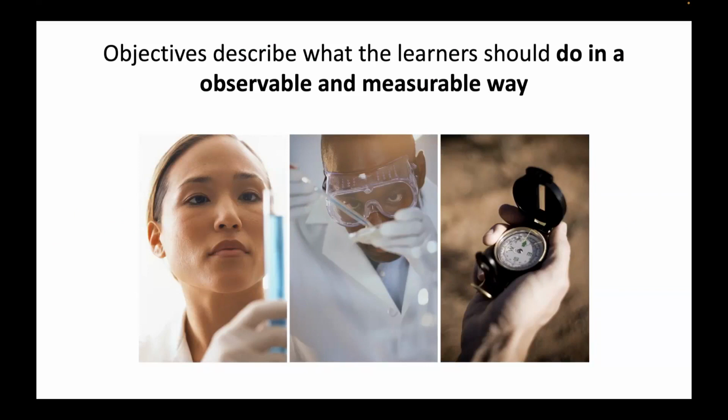If I walk through the office, I should be able to recognize the people who have taken the study by the actions that they're taking in order to perform their duties. And so those are the actions that we need to describe in our learning objectives. And so if we see our learners taking these actions, that will be the evidence that they have successfully completed the case study. So let's unpack this a little bit more.